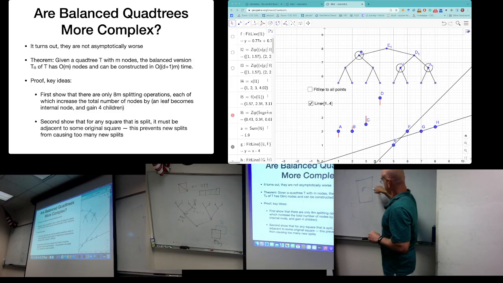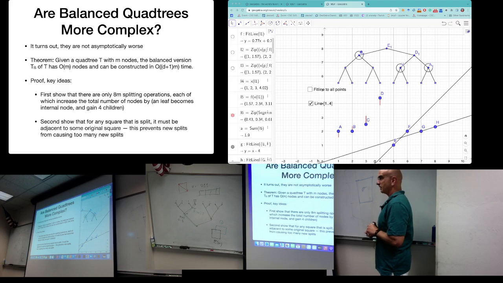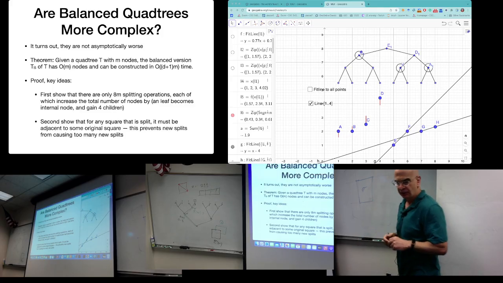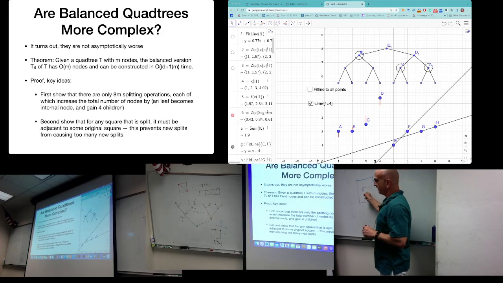And look at the 8 neighbors of sigma from all its sides, all of the same size. And I want to prove, I don't know if we'll go through the whole details, that if sigma has to be split, it will be because one of these neighbors is an old guy, one of the ones that were in the original quadtree.